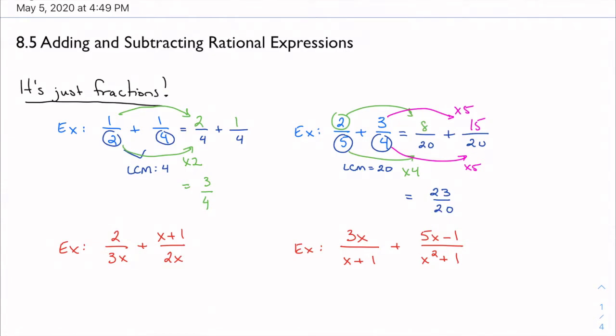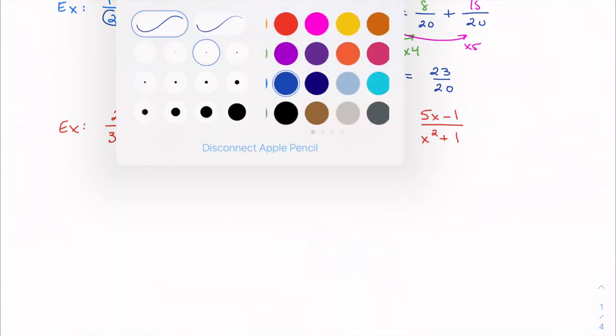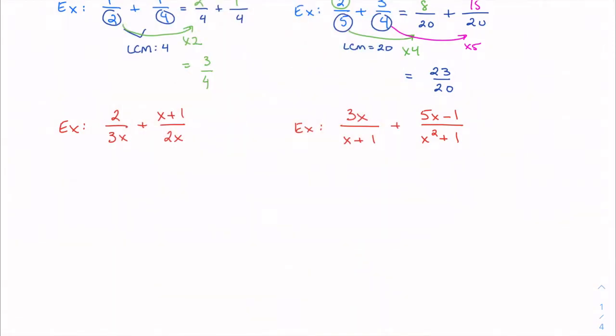This same process applies when I look at truly rational expressions, right? Things that have variables, fractions that have variables in them, essentially. So I want to figure out what my common denominator is. The only difference here is I'm going to write this a little bit differently than I did before. I'm going to go straight to writing this as one big long fraction. And I want to know, what is my least common multiple?